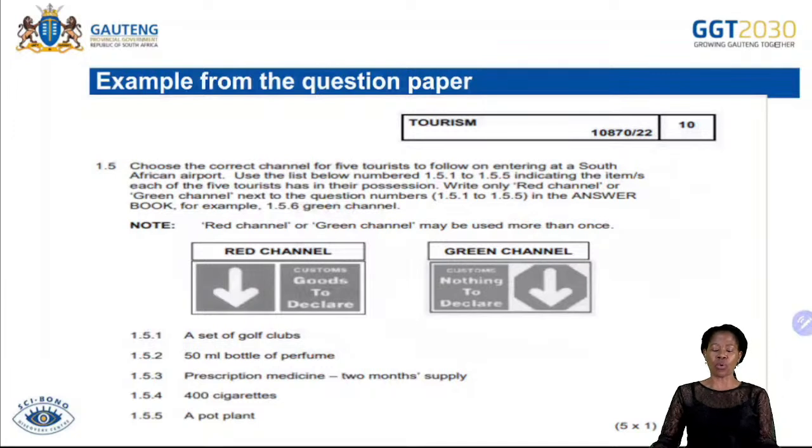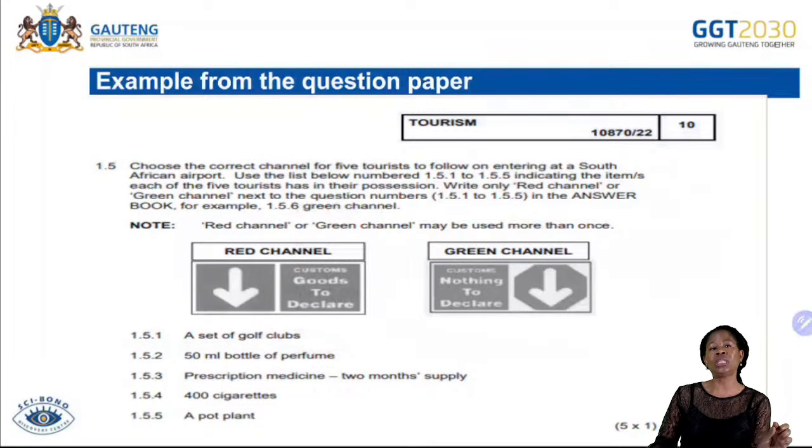I believe you are able to see our red channel and the green channel. They will say choose the correct channel for the 5 tourists to follow on entering at the South African airport. Use the list below, numbers 1.5.1 to 1.5.5, indicating the items each of the 5 tourists has in their possession. They say write only red channel or green channel.